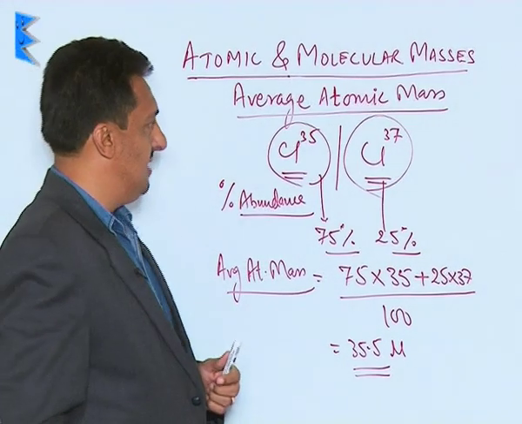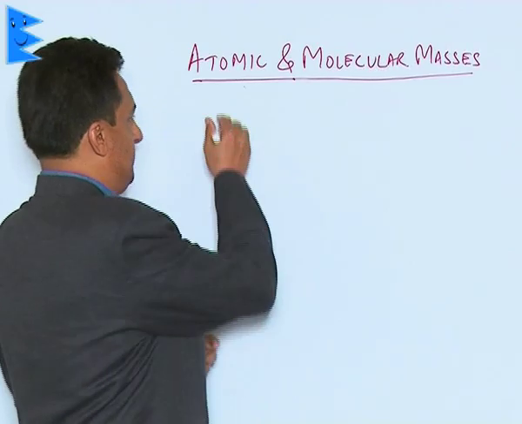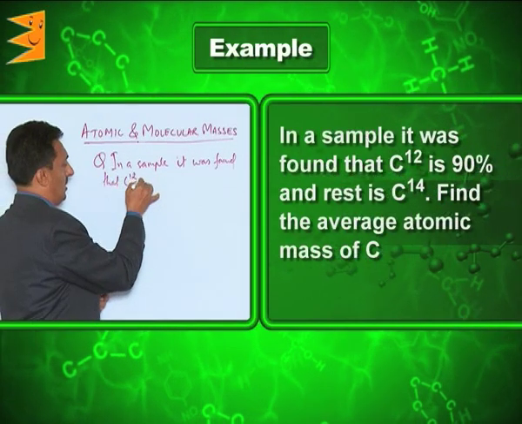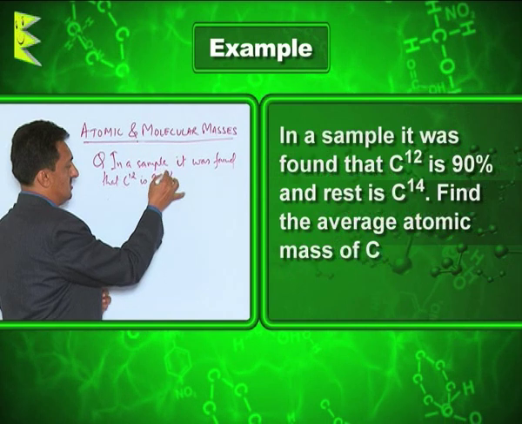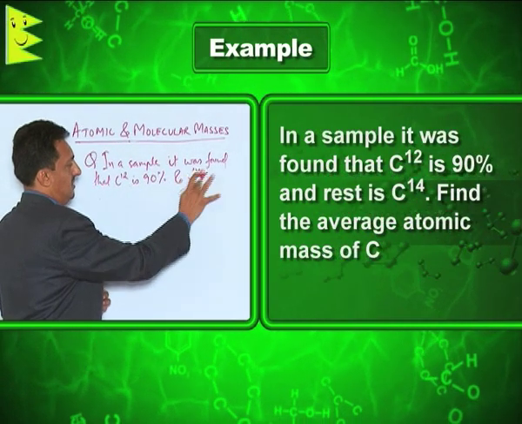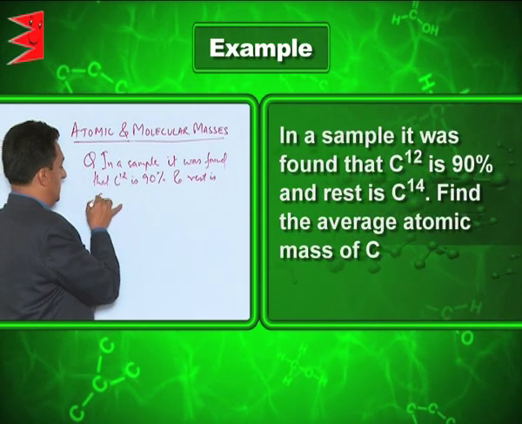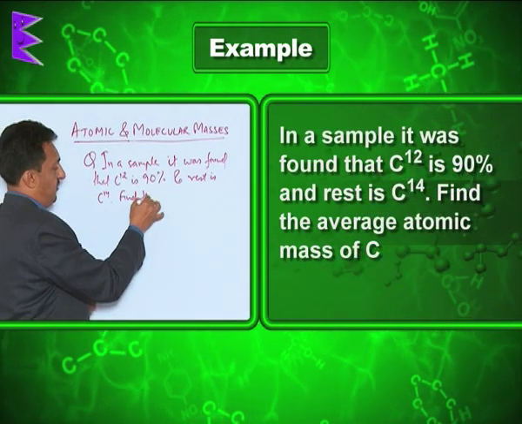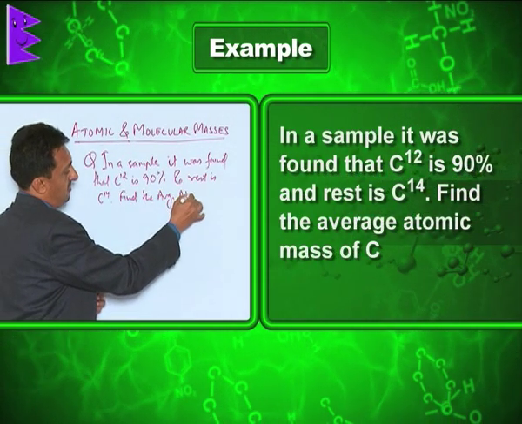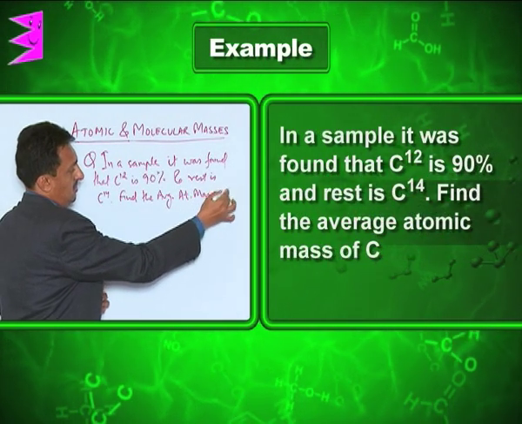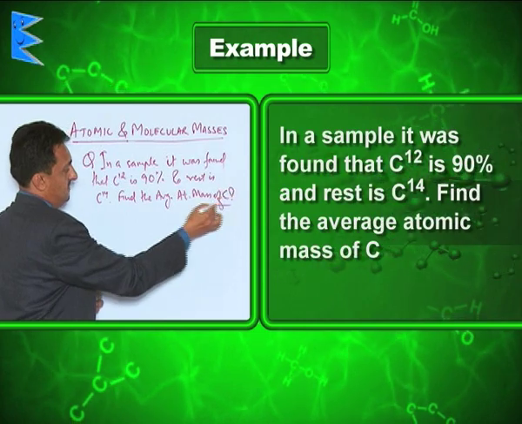Let me give you one more example. Suppose in a sample it was found that carbon 12 is 90% and the rest is C14. Find the average atomic mass of carbon.